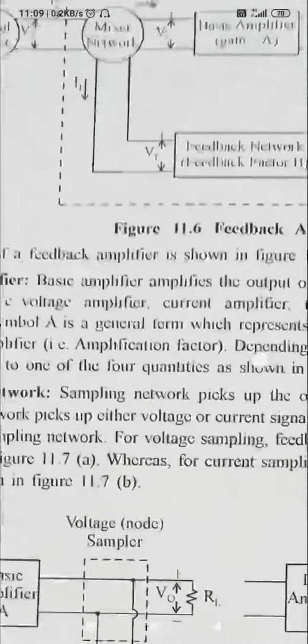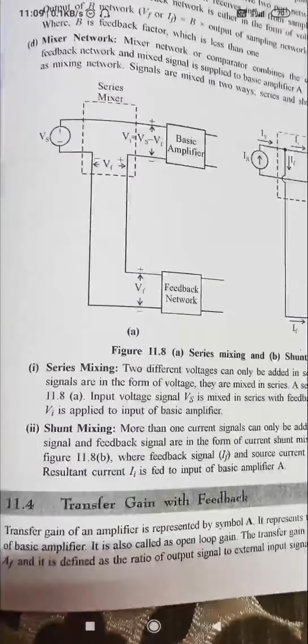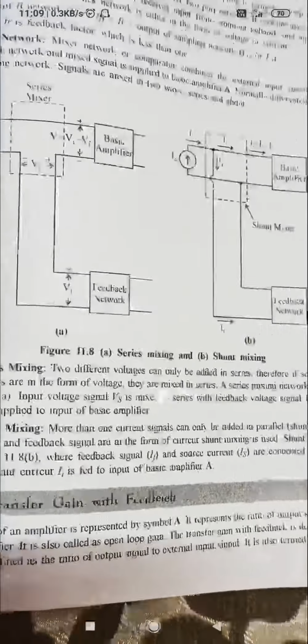When we sample the output voltage, that is called voltage sampling, and when we sample the output current, that is called the current sampling process. Next, with respect to mixing, when we mix with the input voltage source in series, that is called series mixing, and when we mix in shunt mode, that is called shunt mixing of the amplifier.